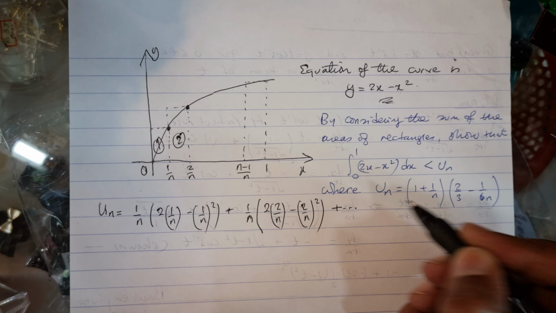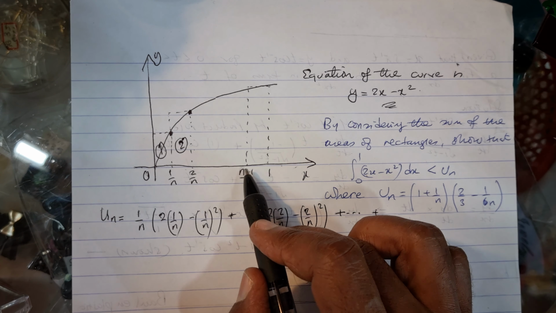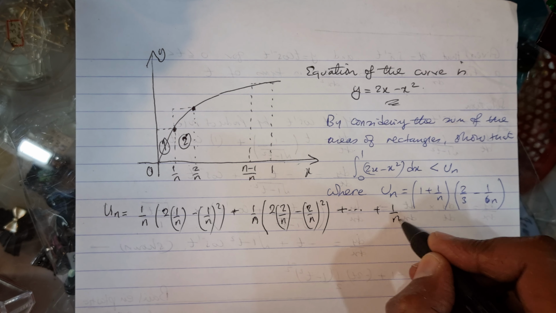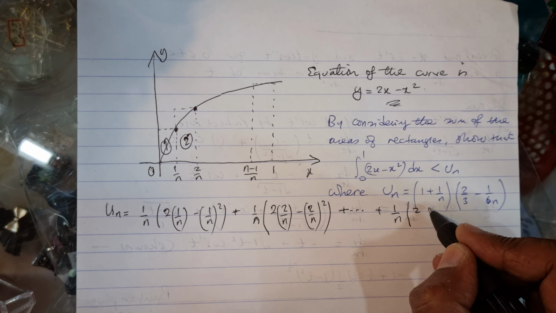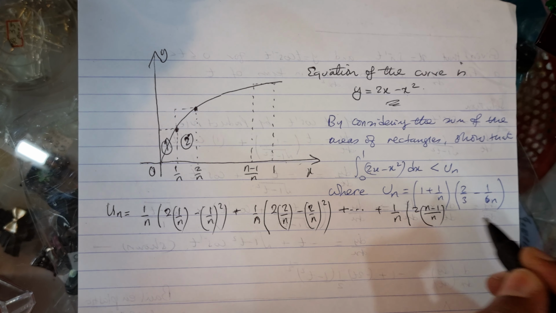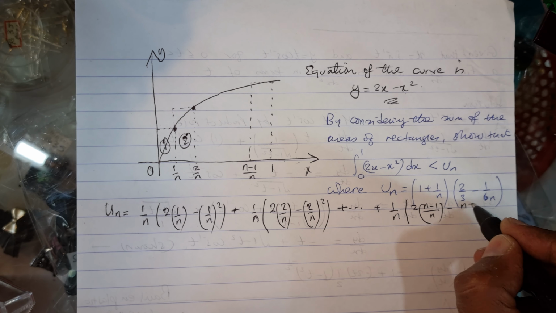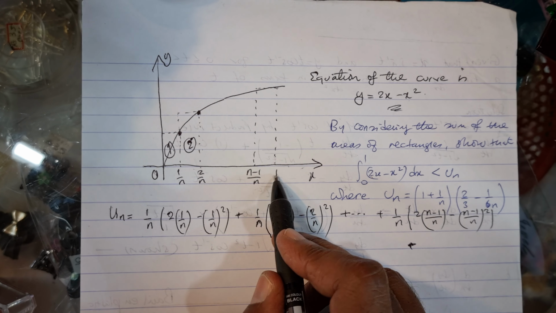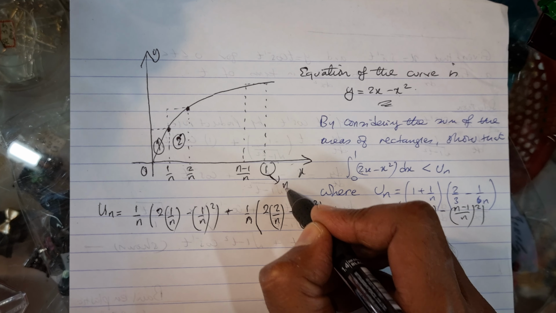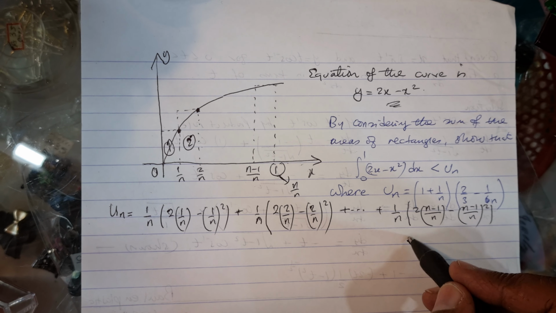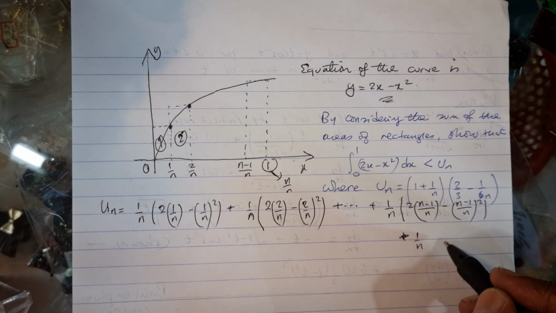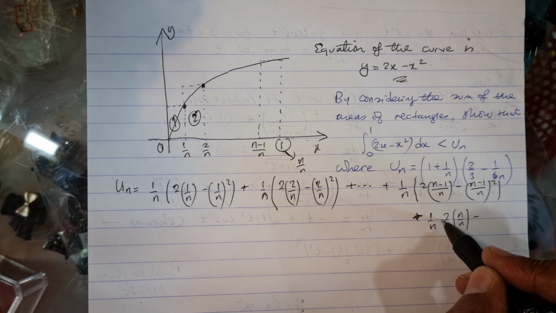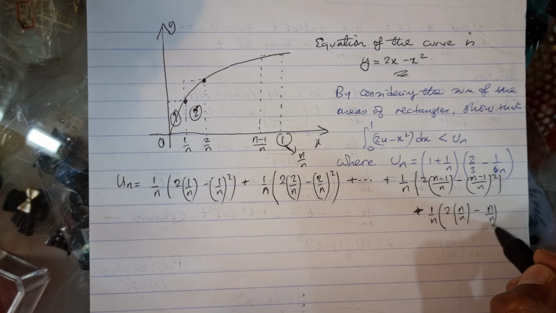Plus dot dot dot, and then plus again, we're going to get this one here, which is 1 over n times (2 times (n minus 1) over n minus ((n minus 1) over n) all squared), and then plus the last one is 1 over n times (2 times n over n minus (n over n) squared).